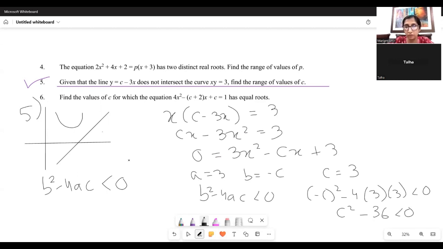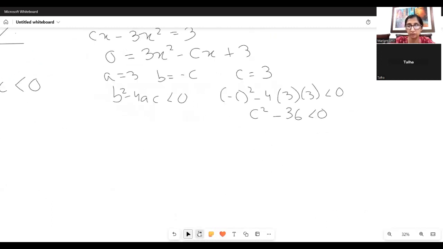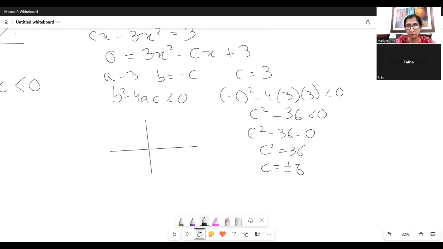So let's first treat it as an equals to sign and get our answers. So c square minus 36 equals 0. C square equals 36. C equals plus minus 6. So one answer is 6, the other answer is minus 6.